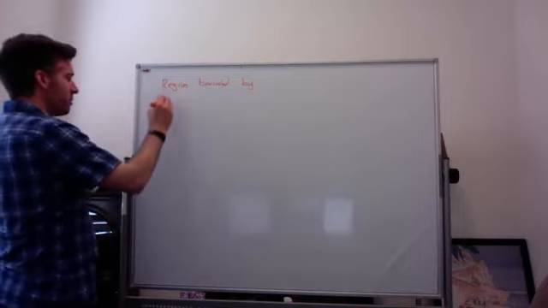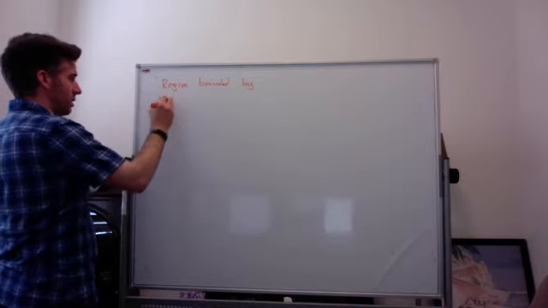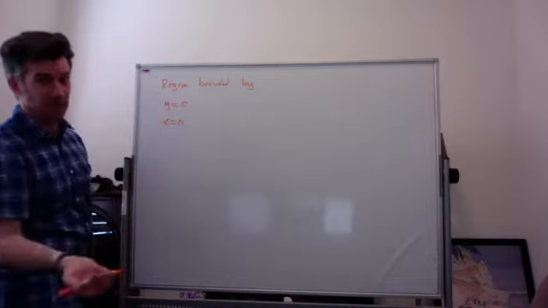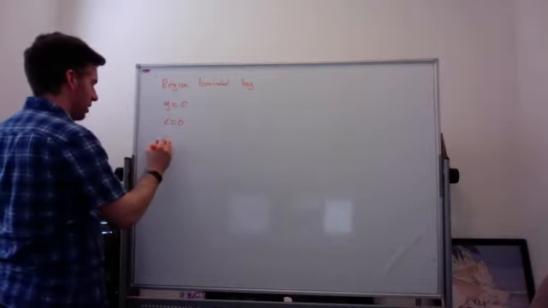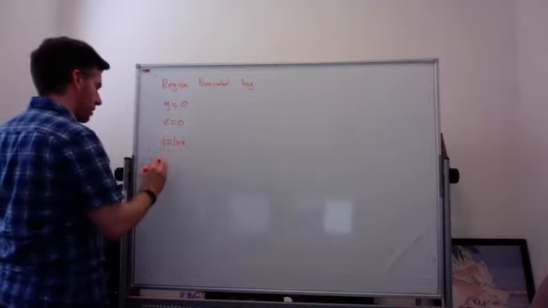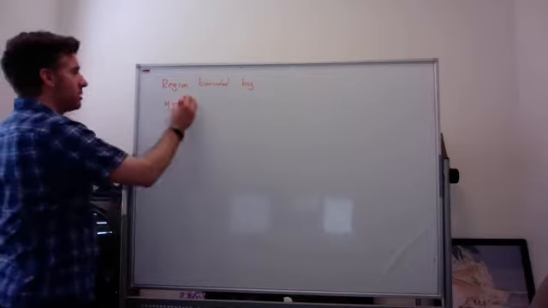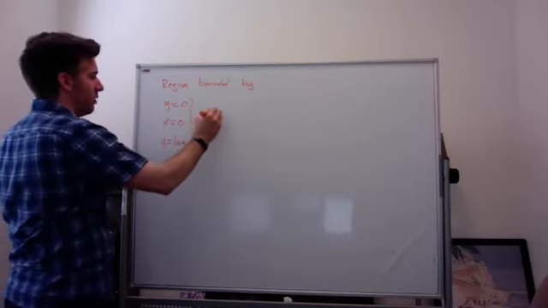So my functions are going to be y equal to 0, x equal to 0, which are just the x and y axis, y equal to the natural log of x, and y equal to 1. So the region bounded by this revolved around the y-axis.